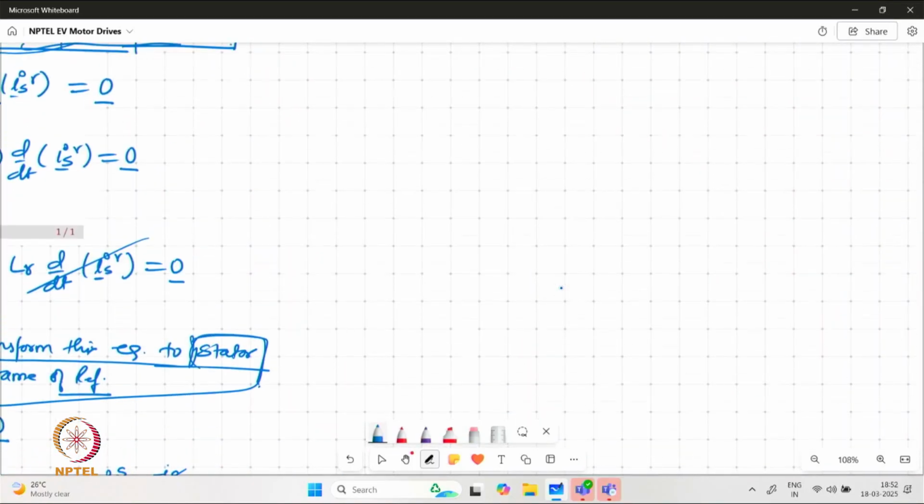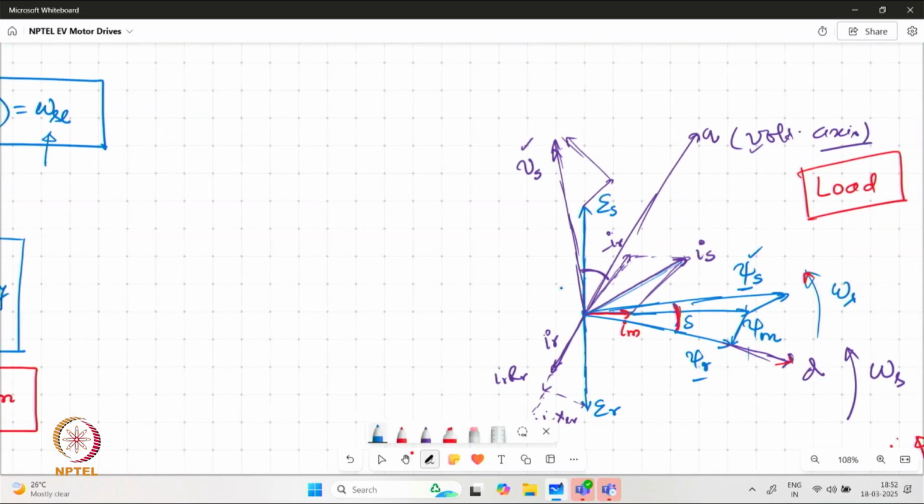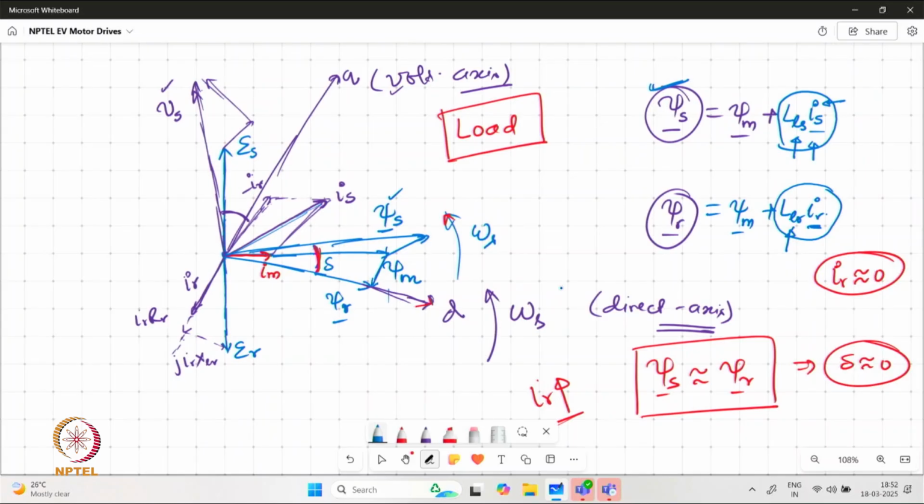We have also seen the phasor diagram for the induction machine in motoring mode, where we have also tried to draw the stator and rotor flux and see the relative positions of stator and rotor flux in case of the machine operating in motoring mode.